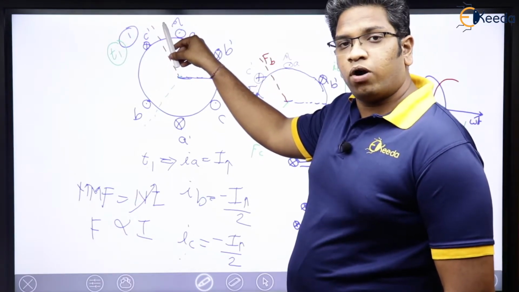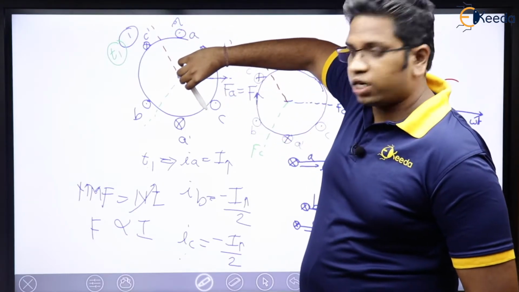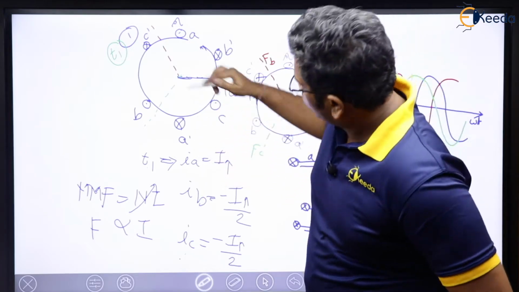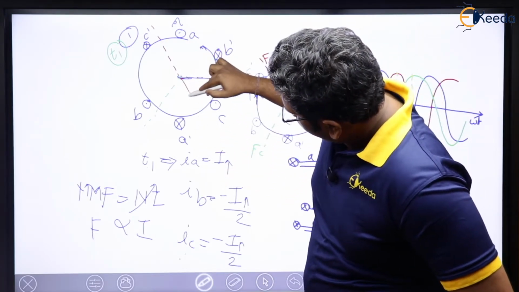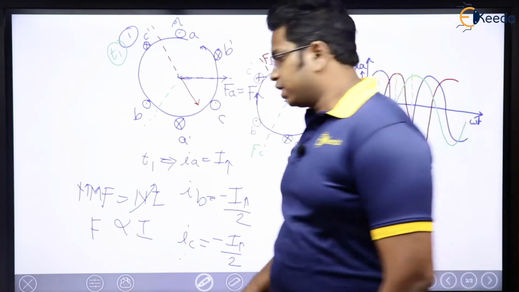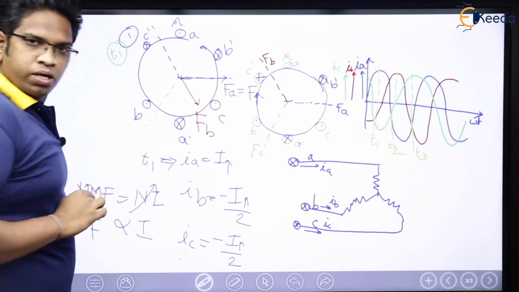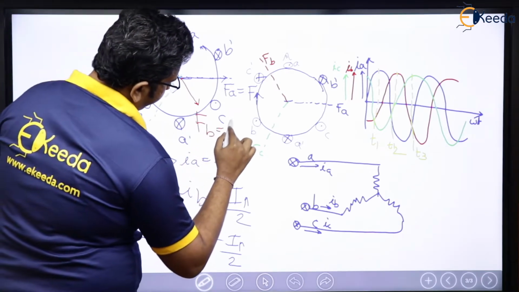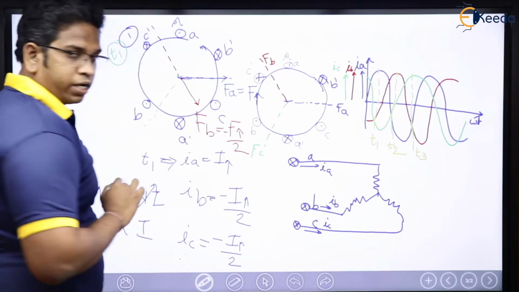Now what we want? Half of negative FB. So this is negative. Negative is this way and half. So if it was full negative, it would have come here, but it is half only. So this is going to be like this. What is it? This is going to be FB, which is nothing but F maximum by 2 negative.